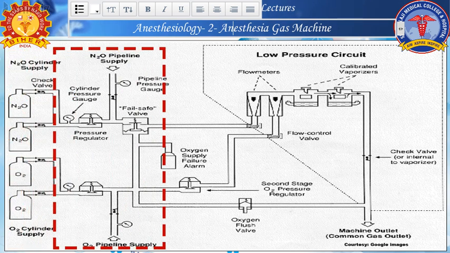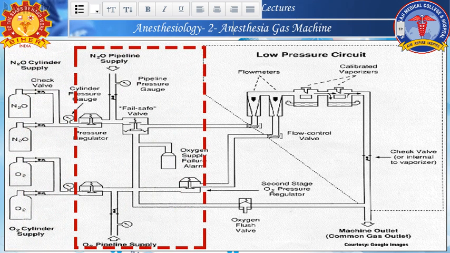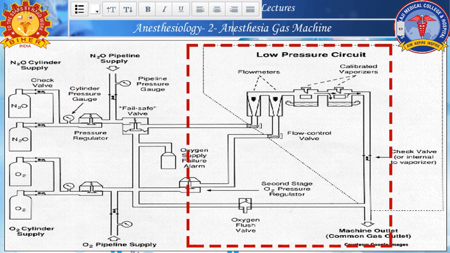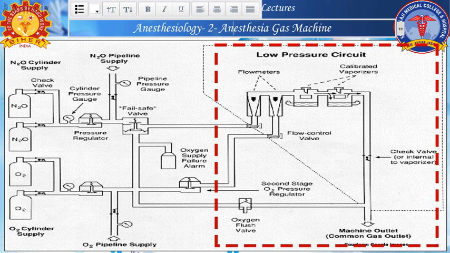Whereas the intermediate pressure focuses mainly on the pipeline supply and then our flow meters and all. Then the low pressure circuit is the vaporizers. Flow meters, actually, are in the transition period between the intermediate and the low pressure circuit, say about 14 to 18 psi. So vaporizers and then the common gas outlet, all those come under the low pressure circuit.